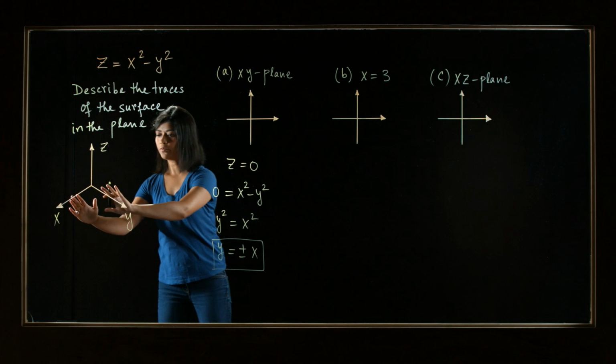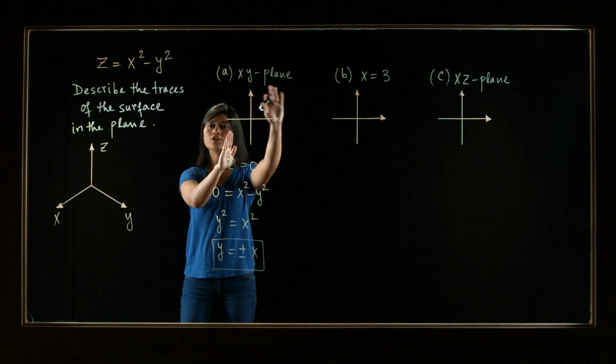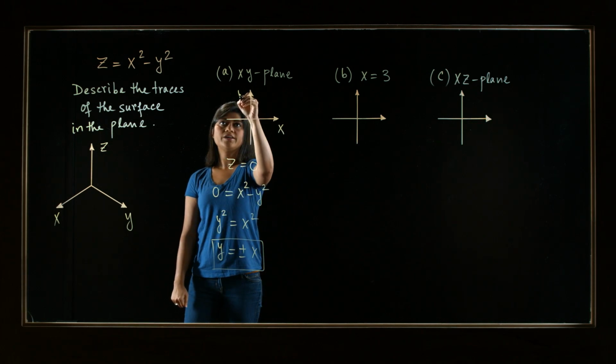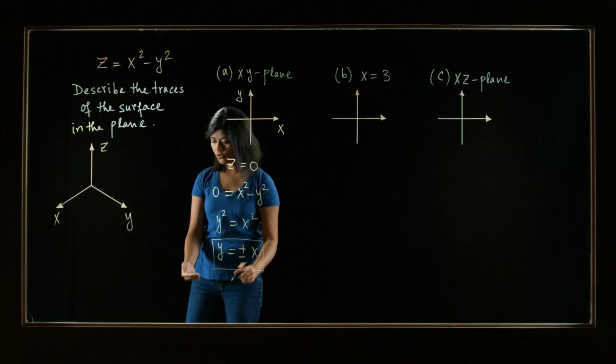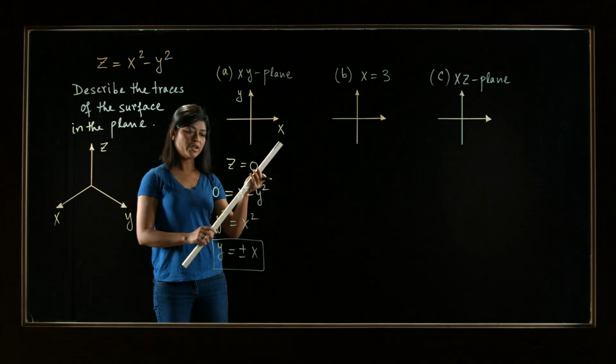So we can project just the xy plane here and draw the trace right here. This is my x, this is my y, and I'm going to draw the trace of the surface, and they are just the two lines.